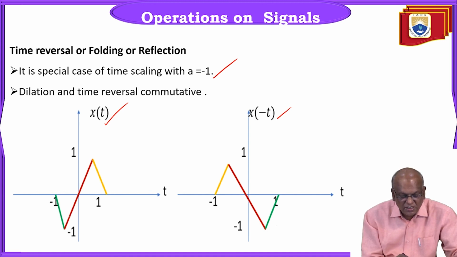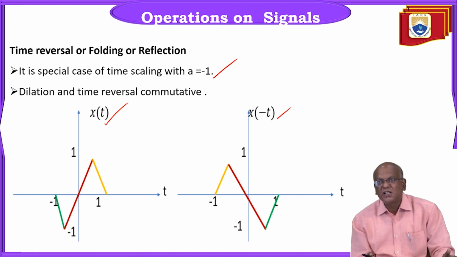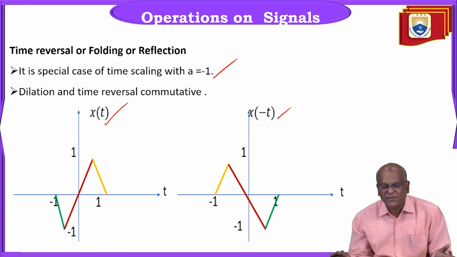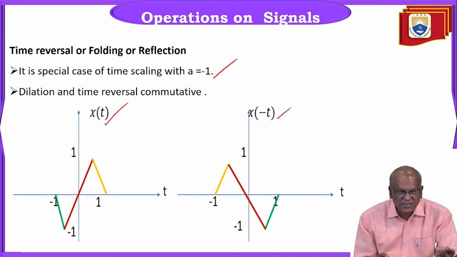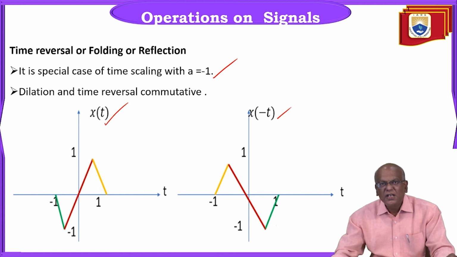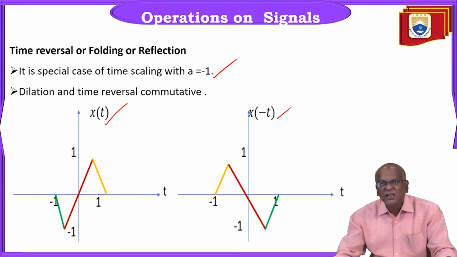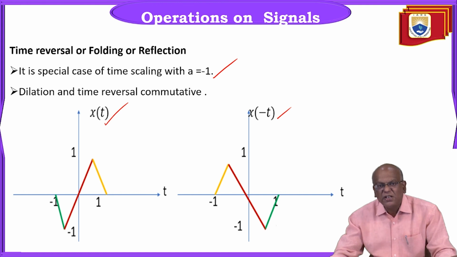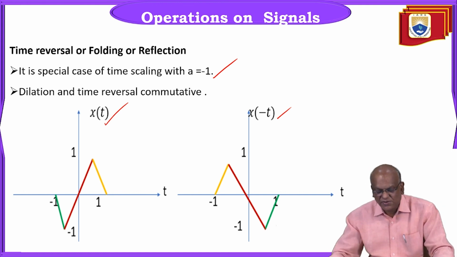What lies on the left hand side moves to the right hand side. So left becomes right, right becomes left. This is called the time folding operation. Example: let us say x of t is an audio recorded tape. X of minus t indicates that the recorded tape can be played in the backward direction. That is an example of the time reversal operation.